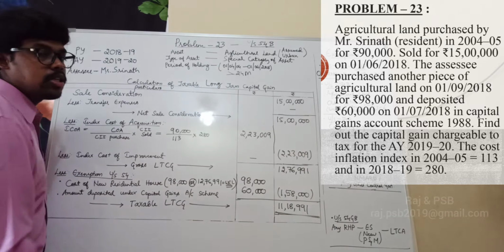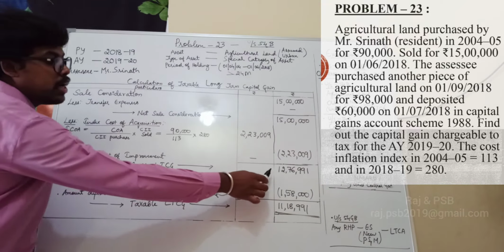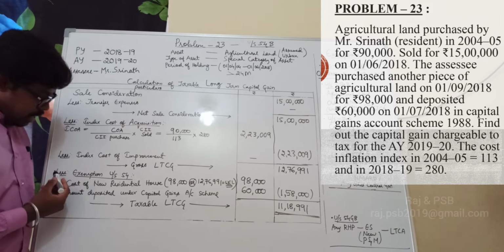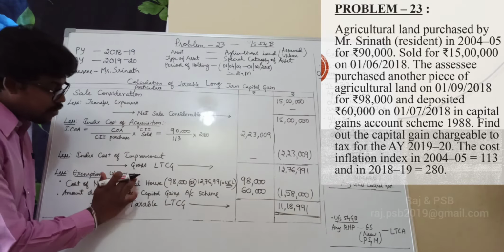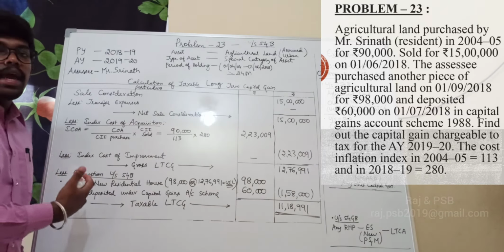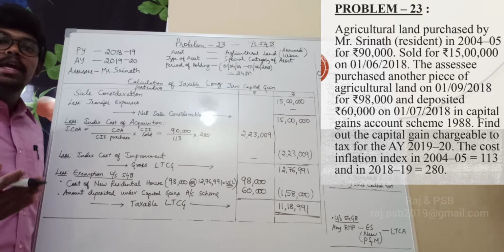So the same amount is being brought down and the gross long term capital gain will be 12,76,991, and less exemption under section 54B. Here we actually have an exemption sum. Can we give exemption under 54B here?